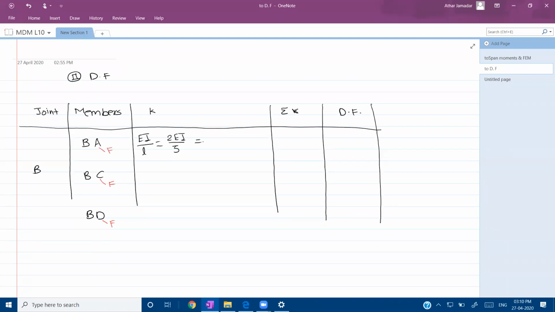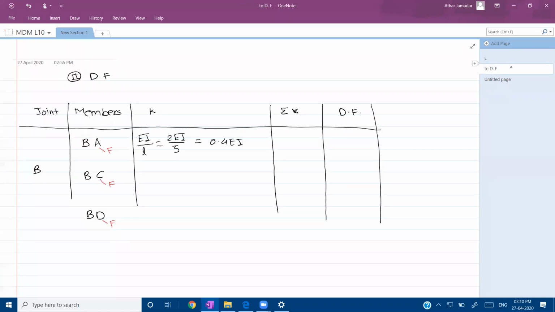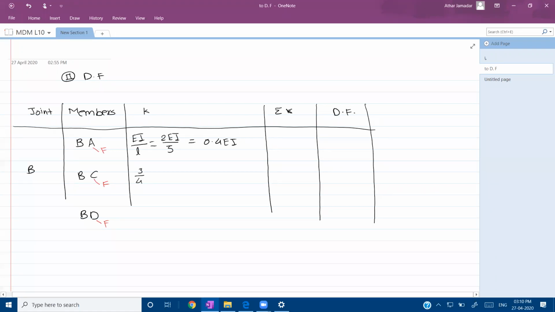So 2 by 5, it is going to be 0.4 times EI. Now in case of BC, if you observe, C is a hinge support. So whenever the far support is either hinge, roller or simple, at that time K is going to be 3/4 of EI divided by L.